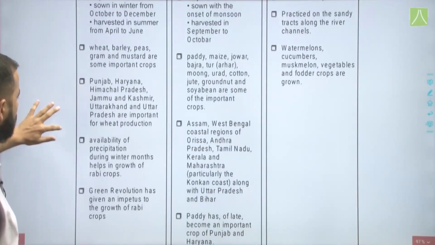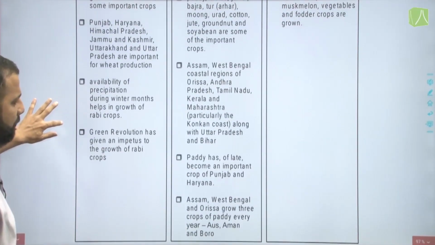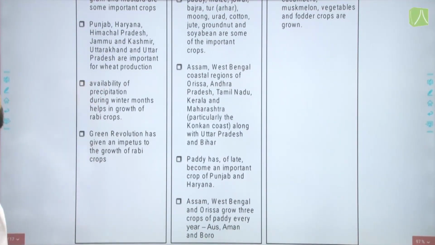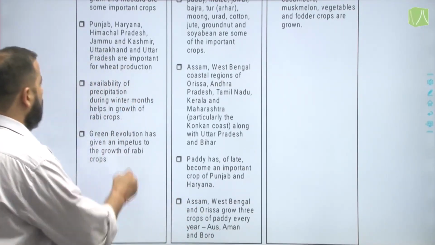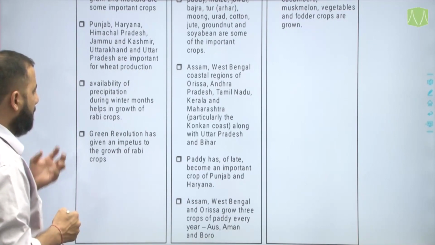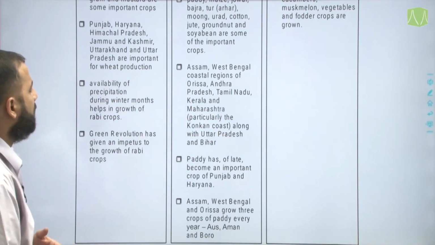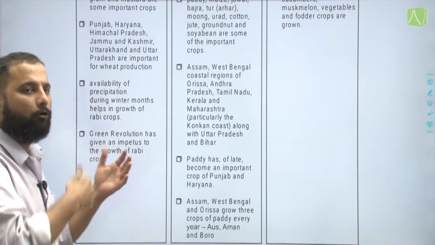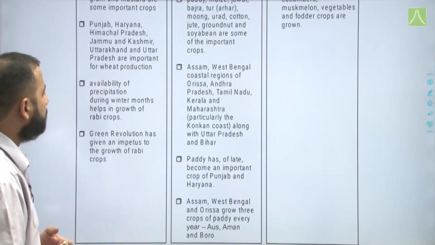The availability of precipitation during winter months helps in the growth of Rabi crops. Kharif crops are planted after the onset of monsoon.